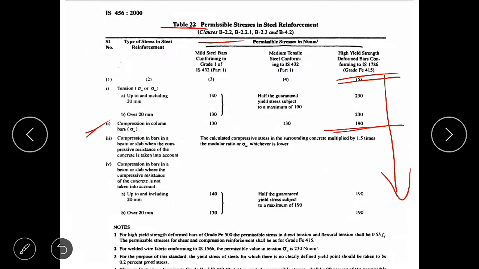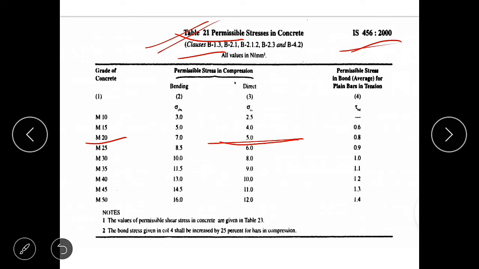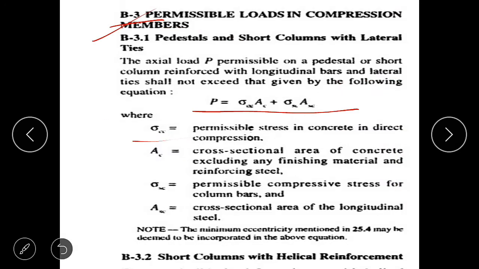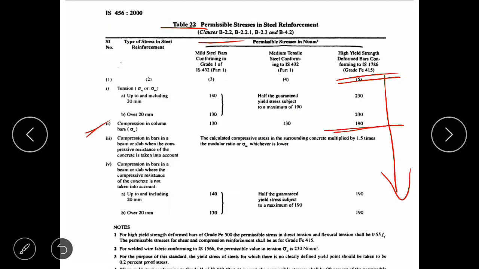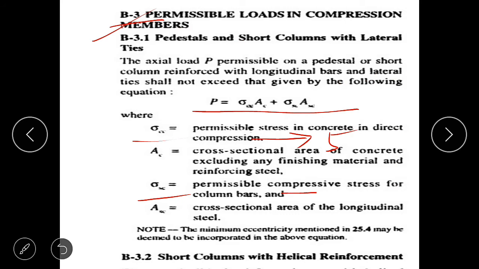We already took from the table that for M20, sigma cc is 5. So here we take 5. AC is the cross sectional area of concrete. Sigma SC is the permissible compressive stress for column bar. In the last table we found that for Fe415 it is 190.